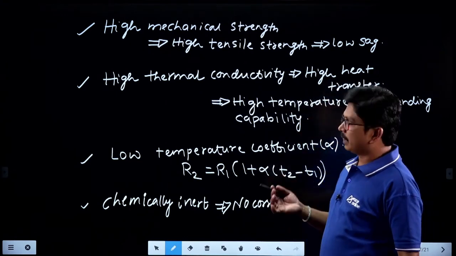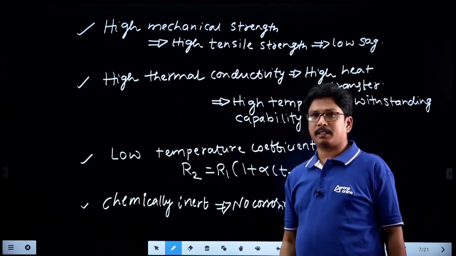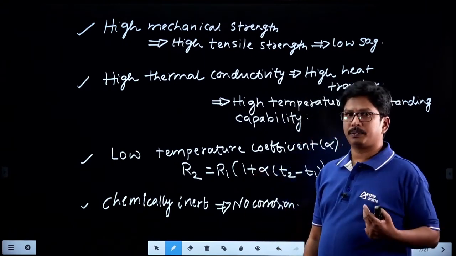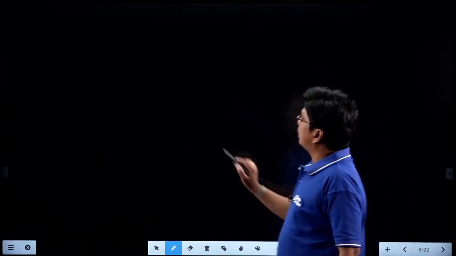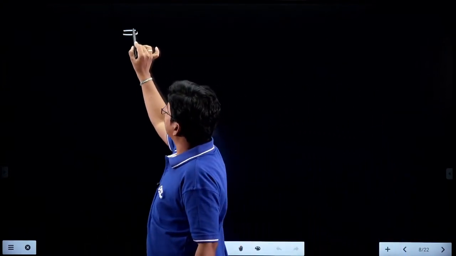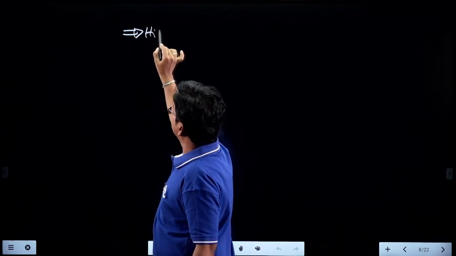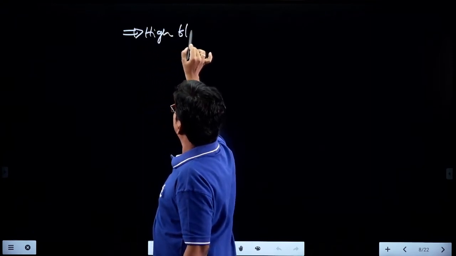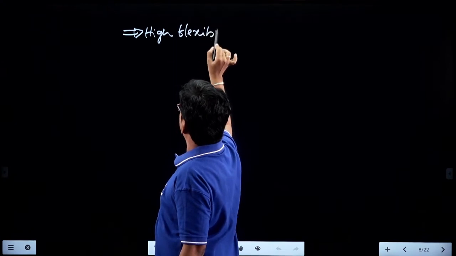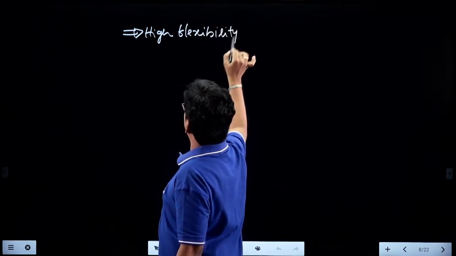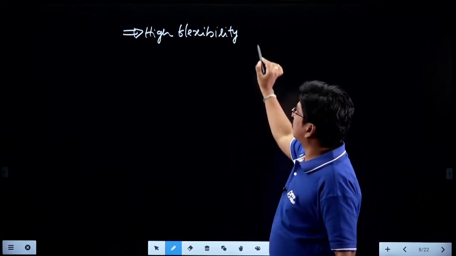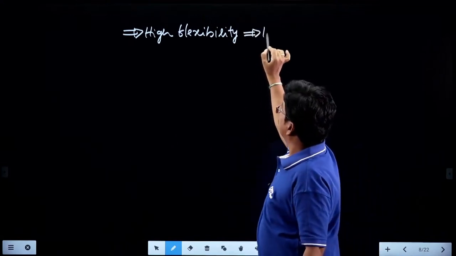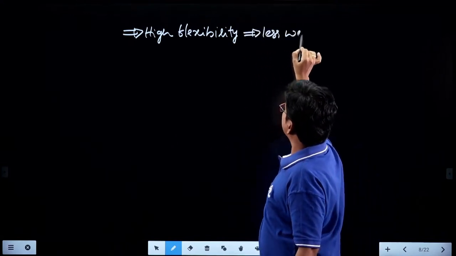Along with this, the remaining properties: it should be more flexible. So high flexibility we can take. High flexibility will be available whenever the conductor is light in weight. So less weight.